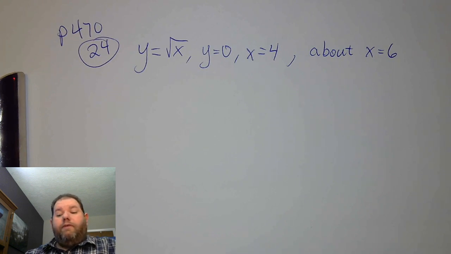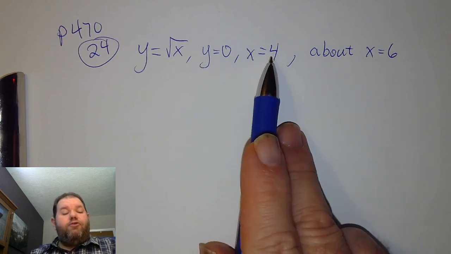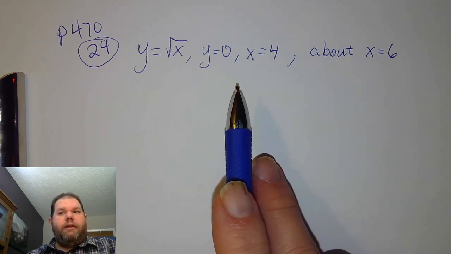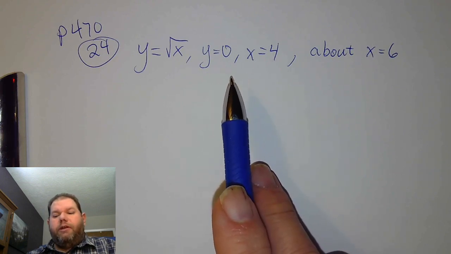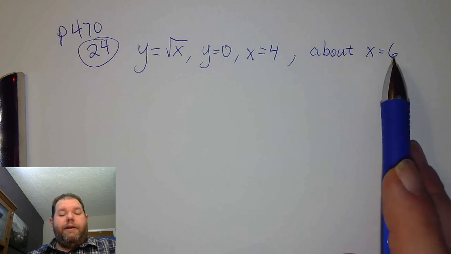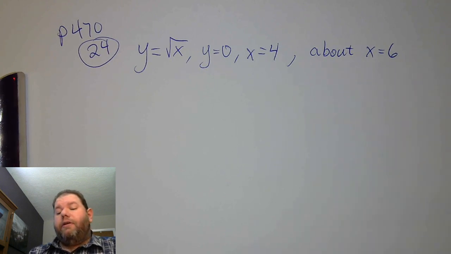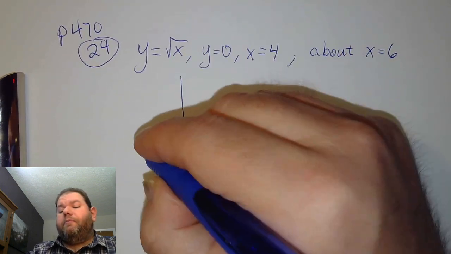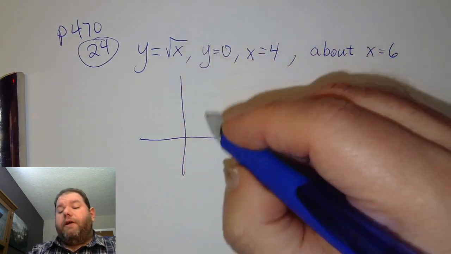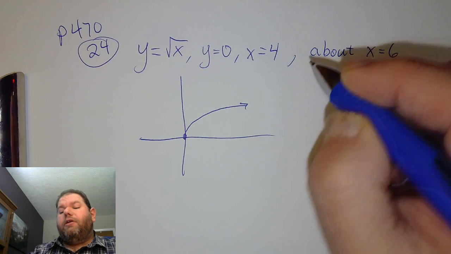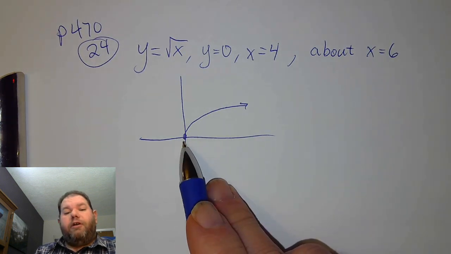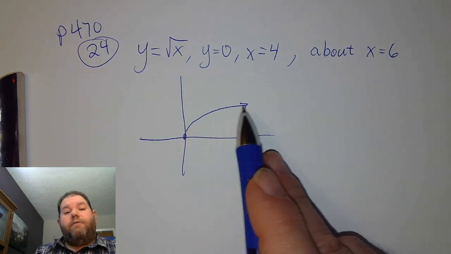Now again, the first three equations they give us should uniquely define an enclosed region in the plane, and then we'll revolve it around this axis wherever that happens to be. Now, square root of x is essentially the top half of a parabola that goes up and over to the right.